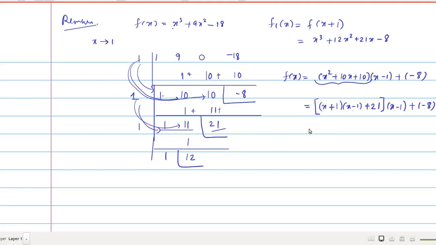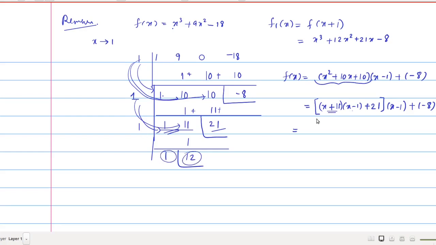So we write that, what is the meaning of this? You can replace this, it is x plus 11, not x plus 1, this is x plus 11. This x plus 7 is obtained from this divided by x minus 1. You can get, this is the quotient and this is the remainder.